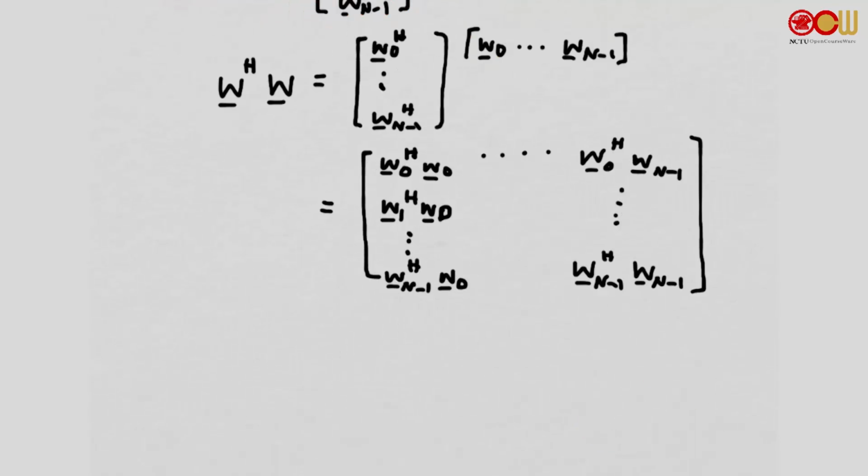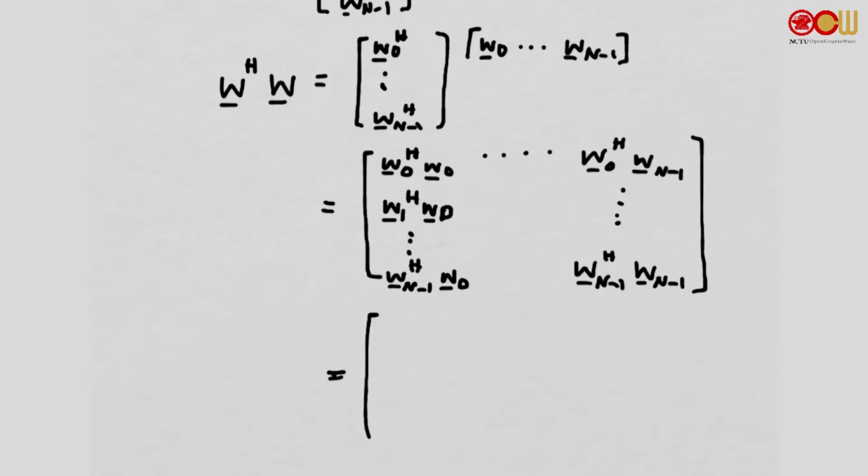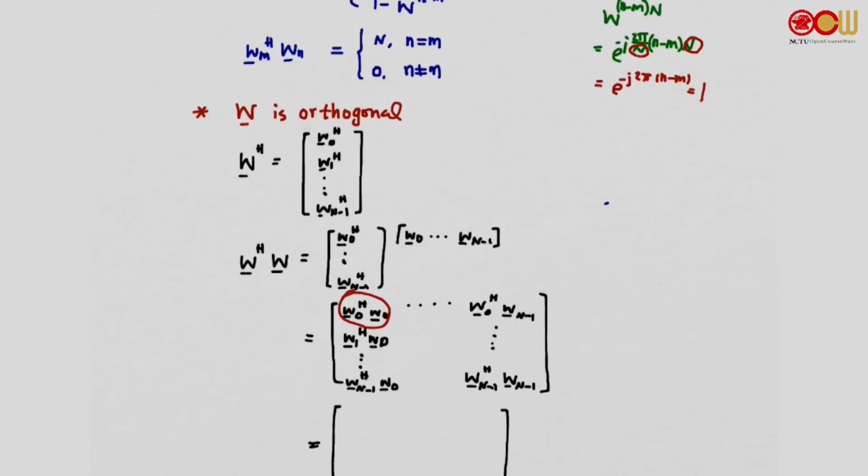And if we look at the elements of this product, this is the W Hermitian W matrix here. How many non-zero elements are there? Where are the non-zero elements? It would simply be the diagonal elements, like this one, which corresponds to the case that n is equal to m, equal to 0.